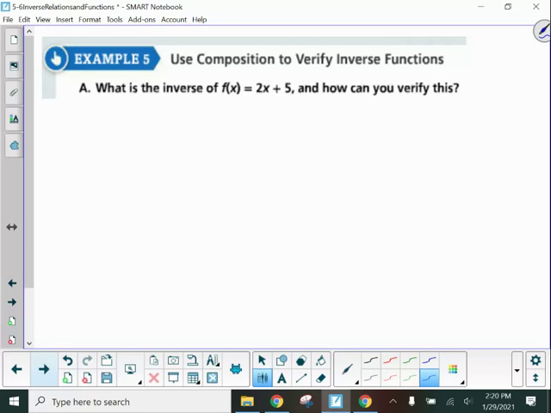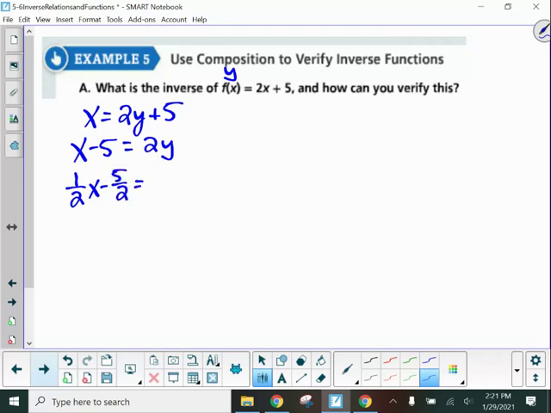So this question says, what is the inverse of f of x is equal to 2x plus 5, and how can you verify this? So let's go ahead and find the inverse first. I'm going to swap my x and my y values and then resolve for the y. So I have 1/2 x minus 5/2 is equal to y, when I divide by 2.